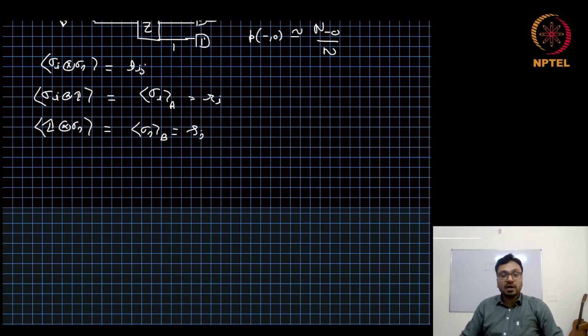In that way, we can calculate all the Ri, all the Sj, and all the Tij.